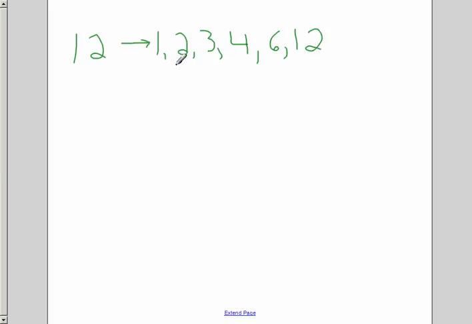I could put them into 2 groups, I could put them into 6 groups, I could put them into 3 groups, and I could put them into 4 groups.